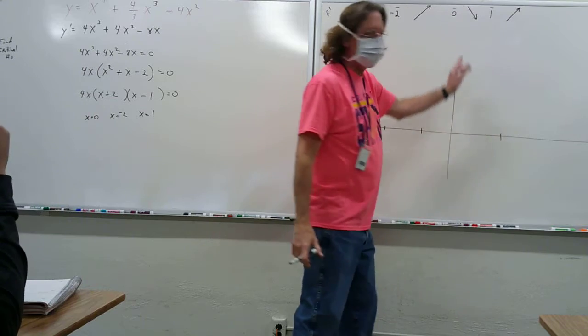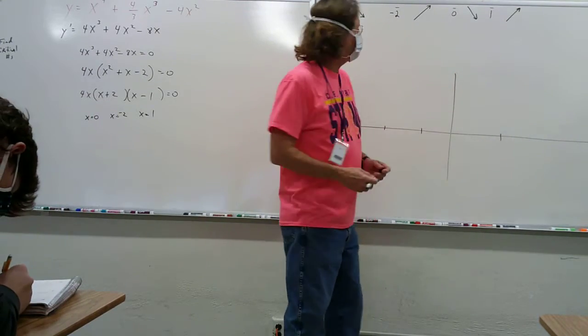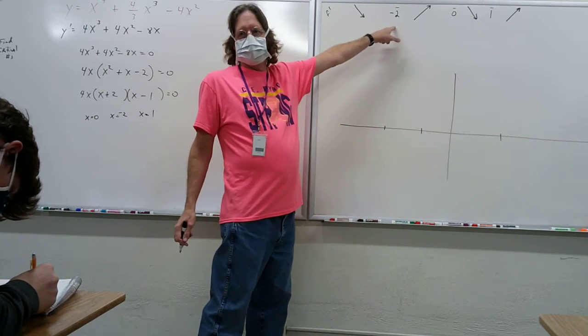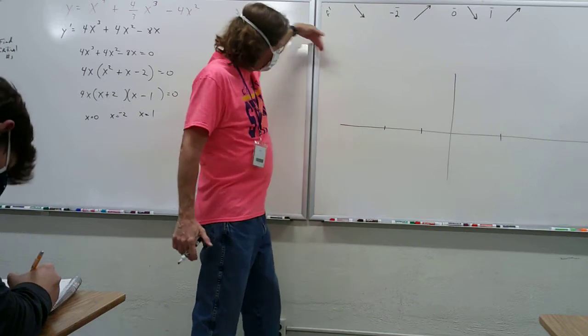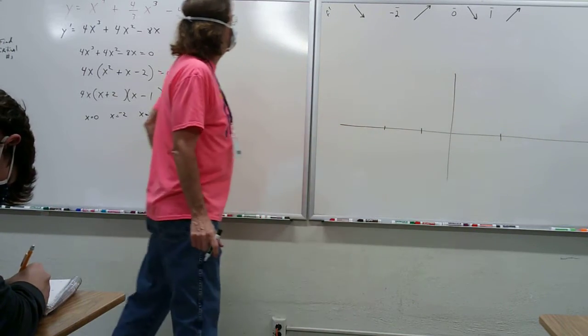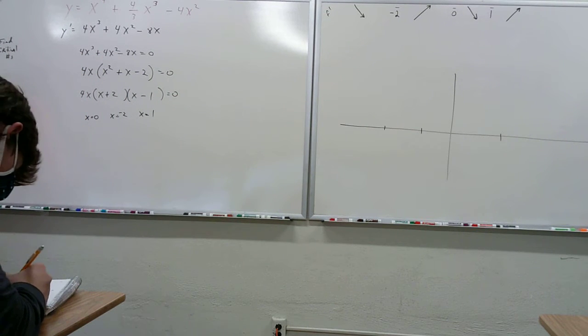Notice how I'm lining it up with that chart? Okay, I want to find out how low it went at -2. In other words, I know it came down here and it turned around and went back up, but I want to know how low it went at -2. Where do I put the -2 in to find out how low it went?